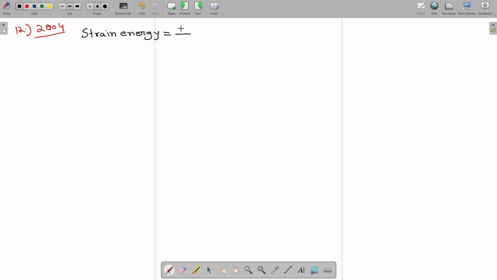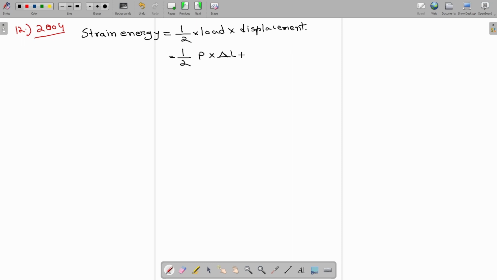Strain energy is given as half into load into displacement. We can write it as half P into delta L. Now, from this equation, you might be thinking that the relation is linear, but that is not the case.